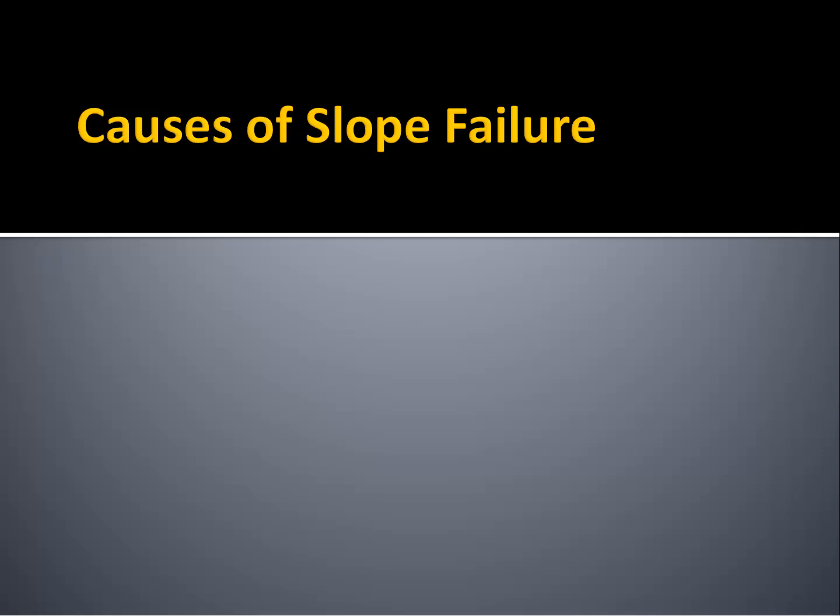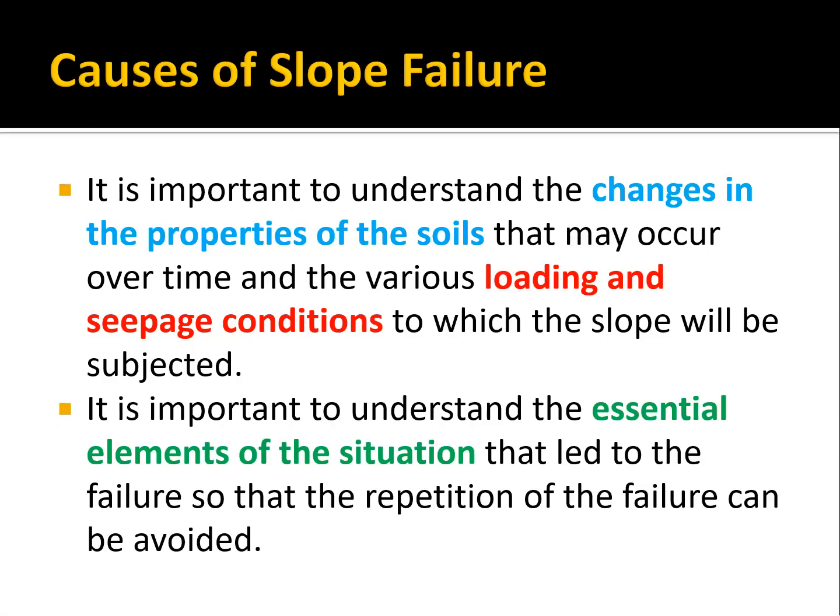Okay, now having seen some interesting examples of different types of slope failures, let's summarize what causes a slope failure. As we study this, we need to understand the changes in the properties of soils, such as how quick clays become unstable. Saturated clay, as the pore pressure becomes greater, can lose its effective stress and lead to failure.